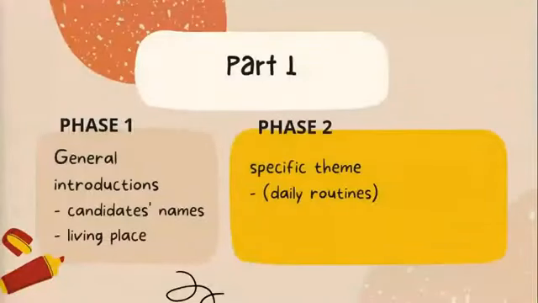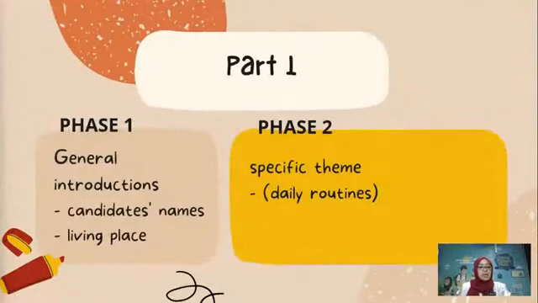Now, in part 1, students are given a chance to give their personal information and to respond appropriately. As you can see, there are 2 phases in part 1. For example, the first phase is a general introduction, and we will ask the candidates, for example, for their names or their living place.